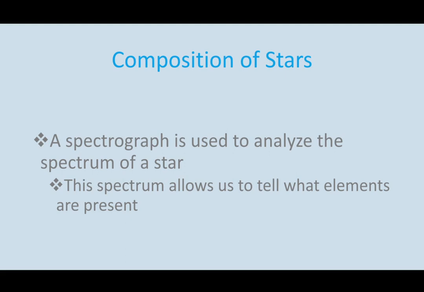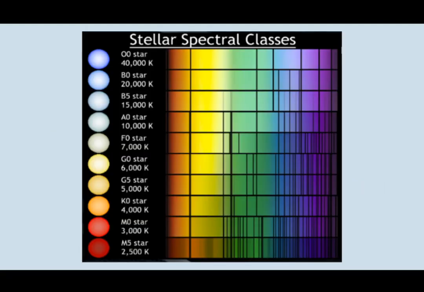And if we wanted to look at the composition of stars, or what they're made up of, we can use a spectrograph to analyze the spectrum. We talked a little bit about this in the chemistry unit, about how elements, or the gases, can emit a certain spectrum. Basically, we do the same thing with stars. So we use the spectrum that a star emits to tell us what elements are present.